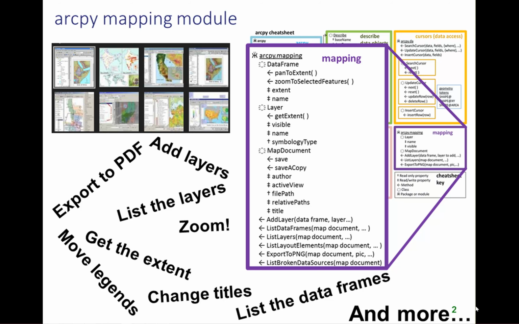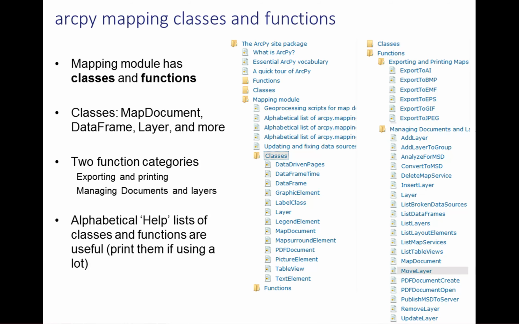To do these things, the mapping module uses several classes. So again, that should tie into what you already know about classes. The mapping module has a set of classes and a set of functions. Looking at the online help for the mapping module, you'll see a folder for classes expanded in the left screenshot and a folder for functions expanded in the right screenshot.